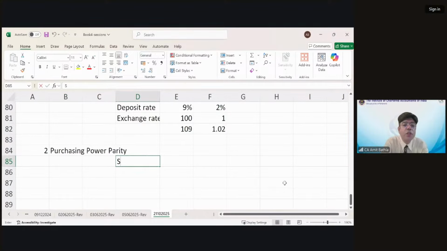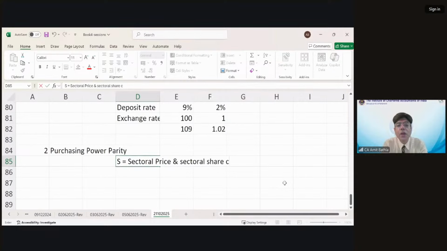That your current spot rate is basically equal to whatever is your sectoral price and sectoral share constant, right?